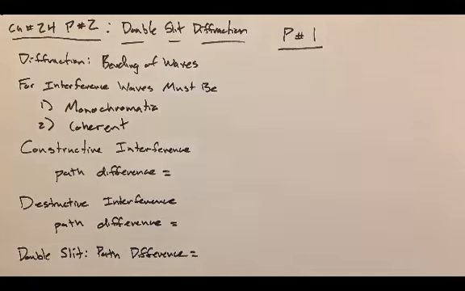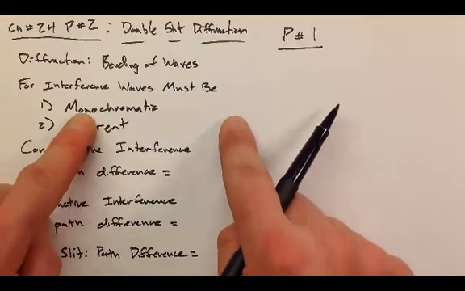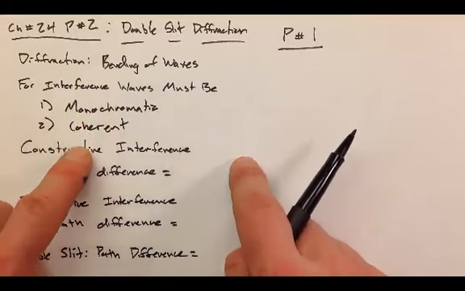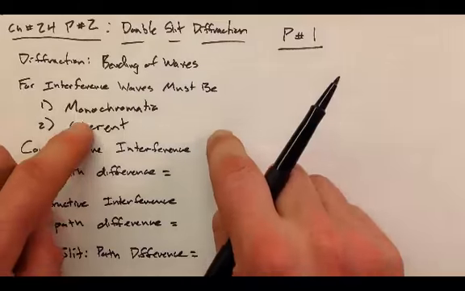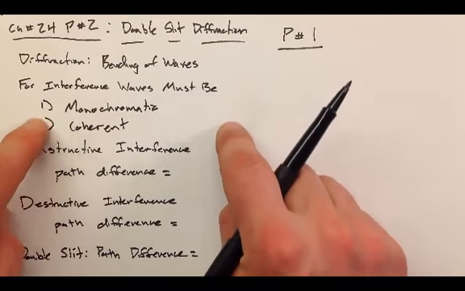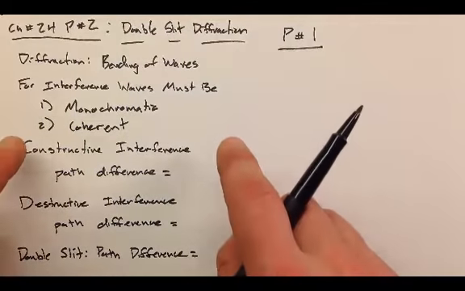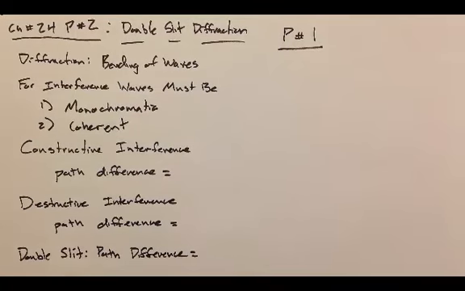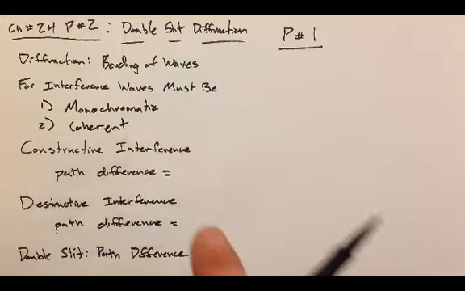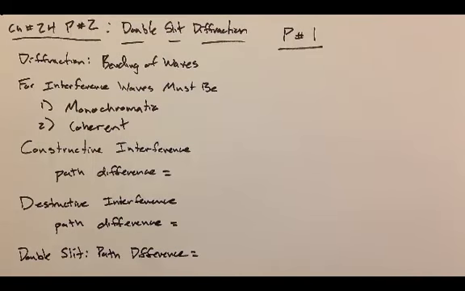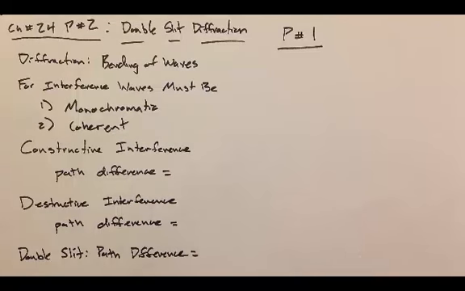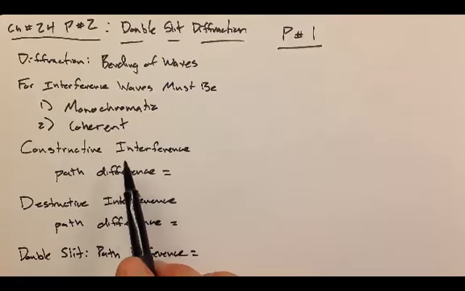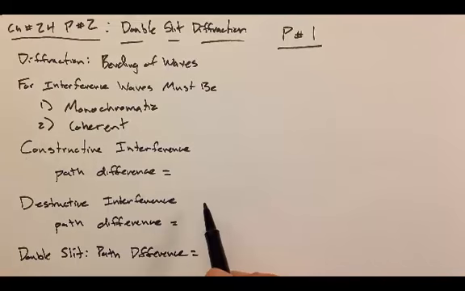In other words, for two waves to interfere with each other, the waves have to have the same wavelength, be monochromatic, and they must start out in phase with each other. So anyway, for waves to interfere, they must be coherent and monochromatic, to get interference patterns from diffraction.